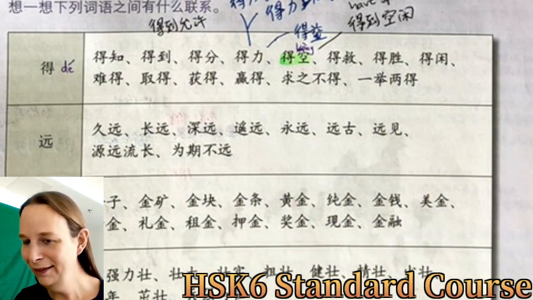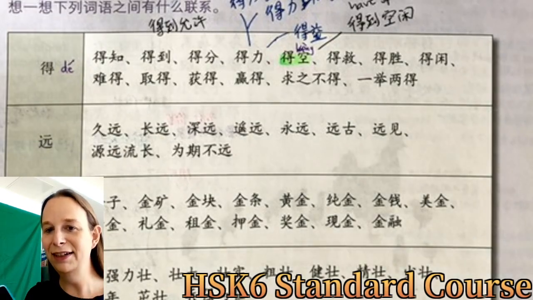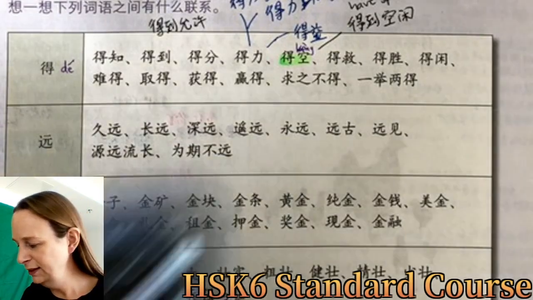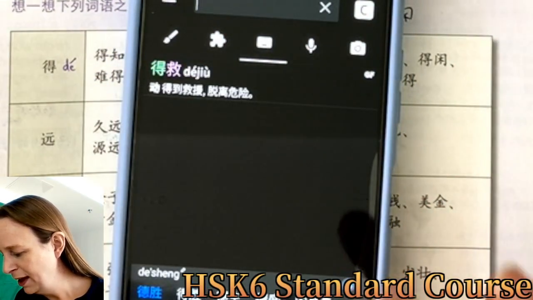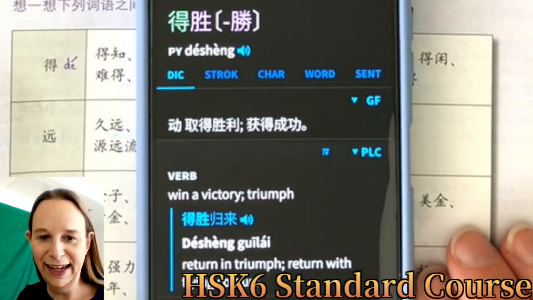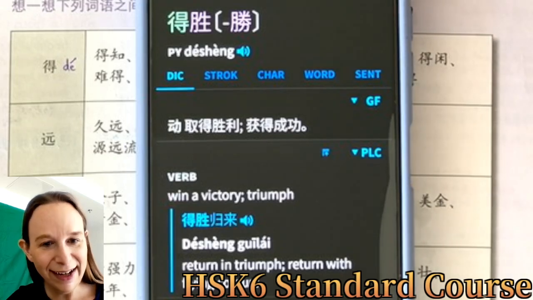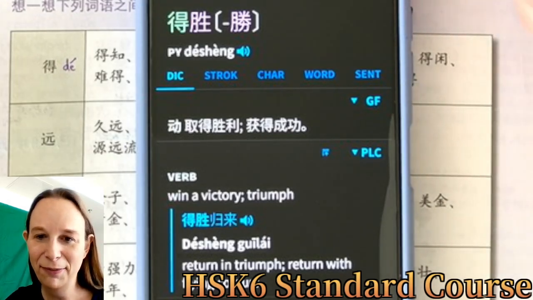I don't know, that's kind of, you look at the character and it's what you think it is, so I don't know. 得胜, received a victory. Maybe it just means they were victorious. 得胜. I don't know these words, but I feel like the instant I hear them, it will just click, because they're kind of natural. I know the characters, so the words are basically made up from their characters.